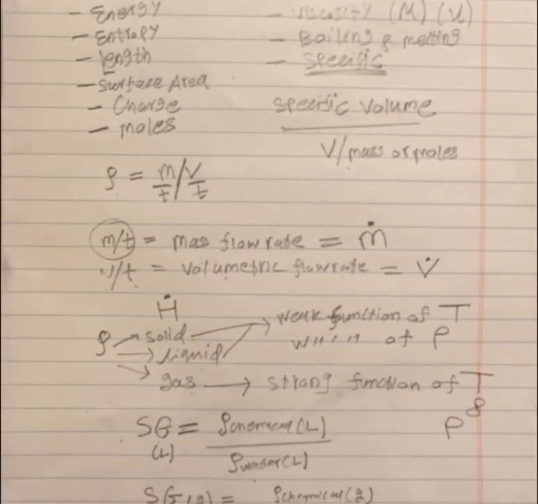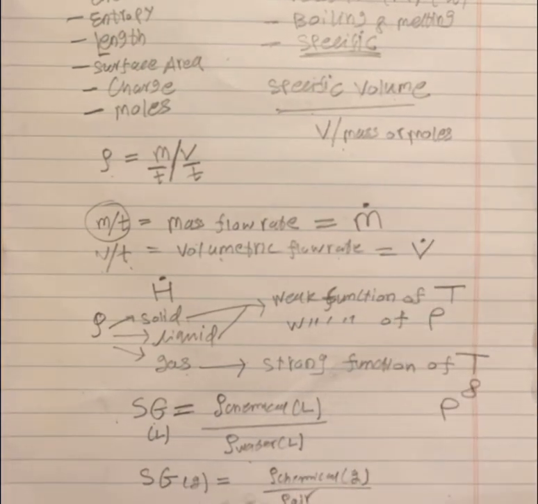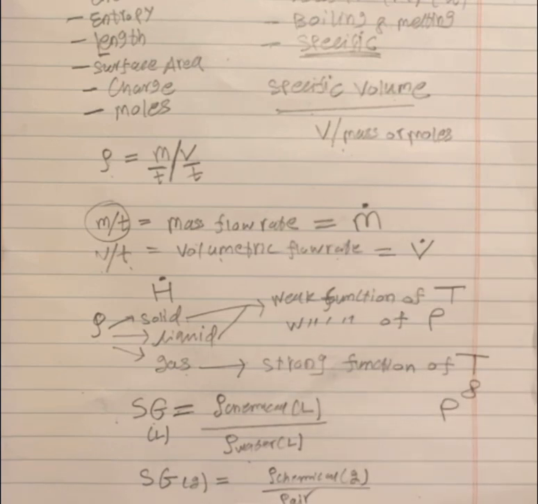We would expect this specific gravity to change faster with temperature and pressure because it is for gas. But this one is hardly changing because it will be liquid over liquid, and we know that densities of liquids are a weak function of temperature and pressure.